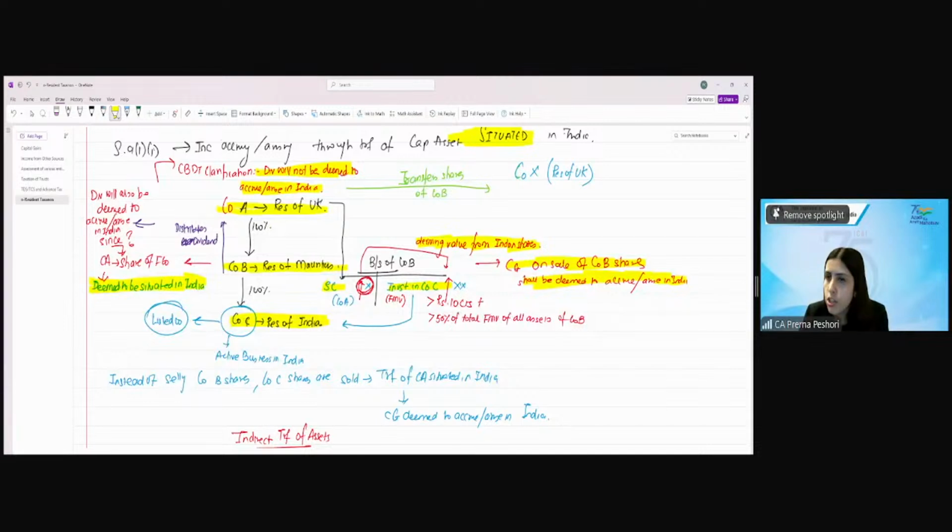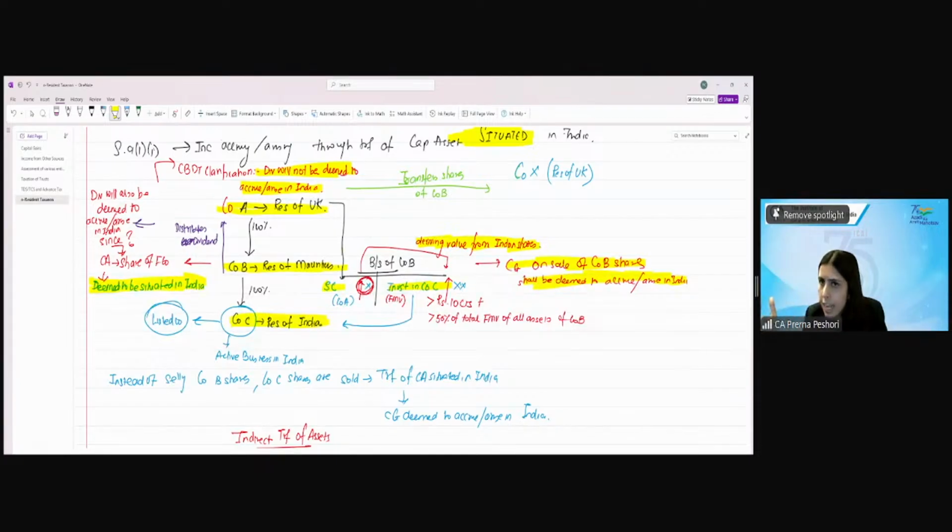Now, in order to avoid the tax in India, what will company A do? Instead of selling the shares of company C, it will sell the shares of company B, because company B does not have any other business. It is just holding the investment in company C. Correct? So indirectly, what will happen if company B gets sold off? Automatically, the underlying company will also get transferred. Yes or no?